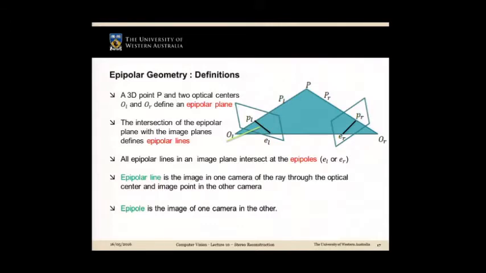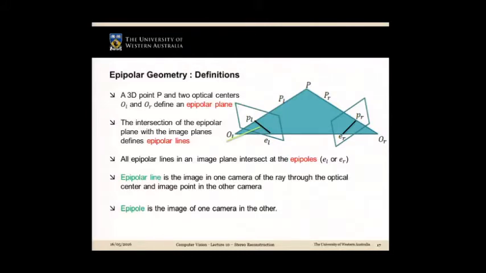Now some important terminologies before we move forward. Epipolar geometry: we have a 3D point P, and two optical centers OL and OR define an epipolar plane. So we talked about a triangle, right? That triangle is right here. Your 3D point P and your two optical centers define this triangle, and this triangle is called the epipolar plane.